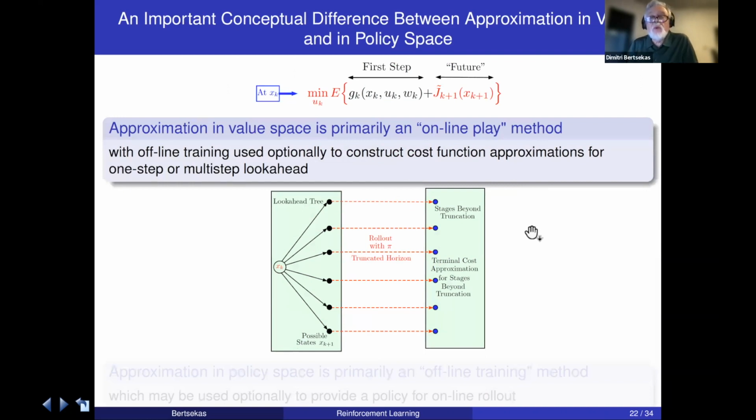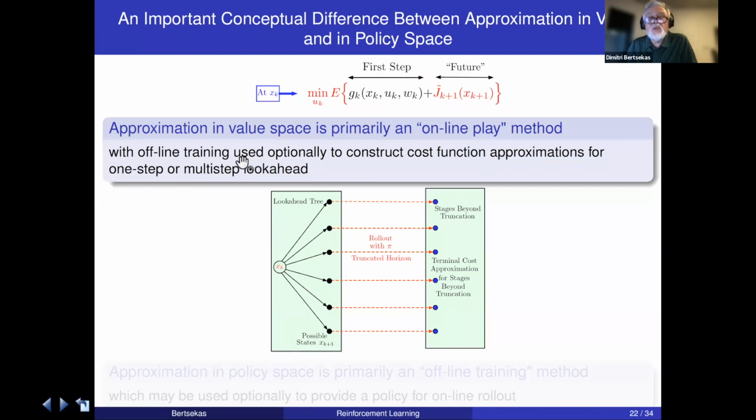Now, here's another important difference between approximation in value space and policy space. Approximation in value space is primarily an online play method. You compute offline, but online you have to make this computation.